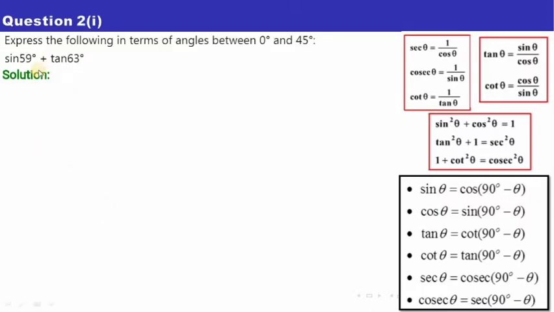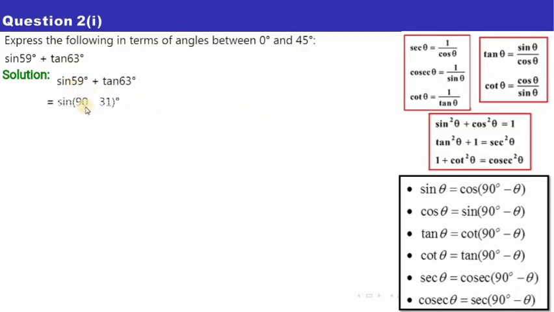Let's have this question. The question says express the following in terms of angles between 0 and 45. So you have to make use of the complementary angle formula. Here it is 59 degrees, right? Is it between 0 and 45? No. So you have to make this 59 lie between 0 and 45, and 63 is also not between 0 and 45, so we need to make this also between 0 and 45.